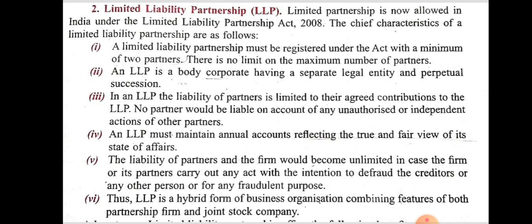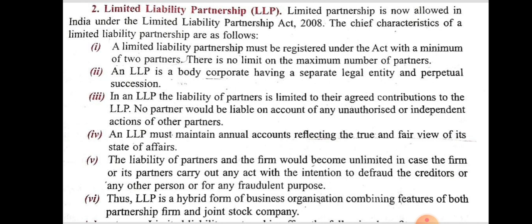Thus, LLP is a hybrid form of business organization combining the features of both a partnership firm and a joint stock company. So, LLP is a little bigger than a normal partnership. It is a combination of partnership and joint stock company. Partnership, minimum 2 has to be registered.